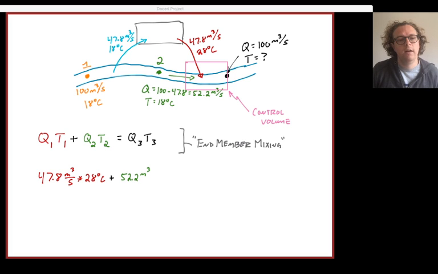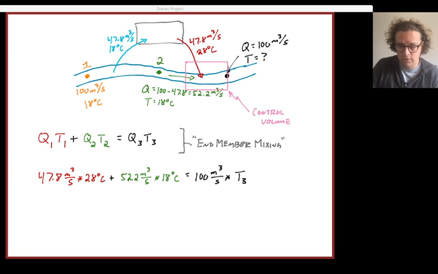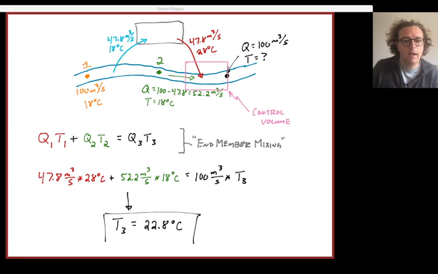So plugging in our values, we know our discharge for our cooling water, 47.8 at 28 degrees C, left in the river, 52.2 cubic meters per second at 18 degrees C, 100 cubic meters per second at the downstream end at the unknown temperature T3. And what we find is that the river will have reached a temperature of 22.8 degrees centigrade.